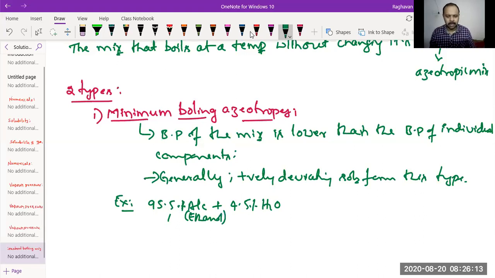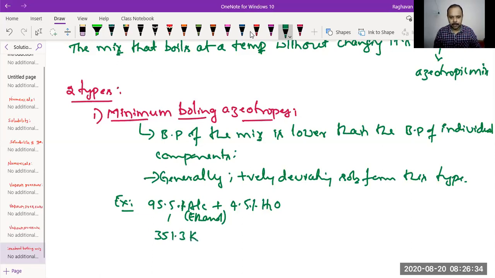In layman language, if you say simply alcohol, it is ethanol. It is beverage alcohol. Anyhow, this ethanol boils at a temperature of 351.3 Kelvin.